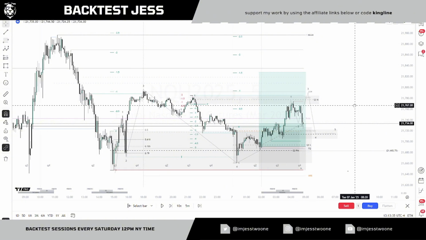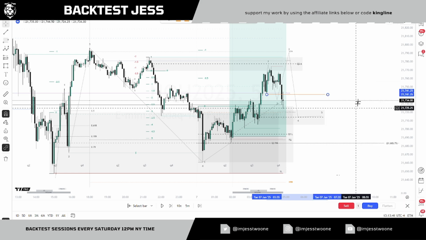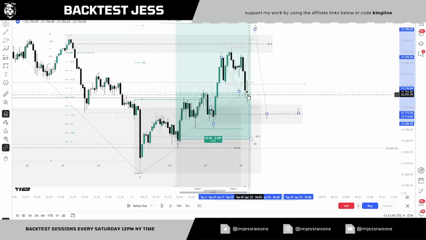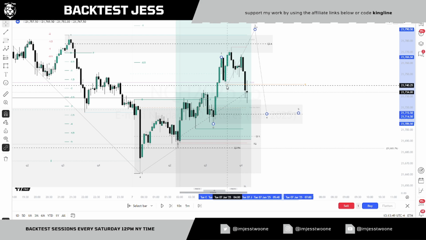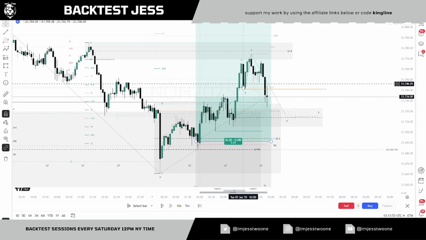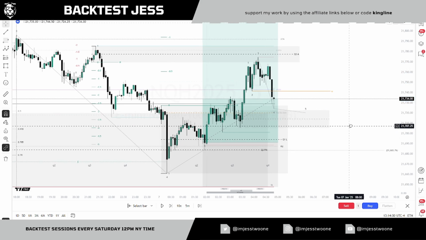Thank God Cryptic was here to put me in my place last time and correct me there. But here, now we have a 1, 2, 3, right? So we have the sweep of 2 now here. This is the zone that Stick to the Plan mentioned.